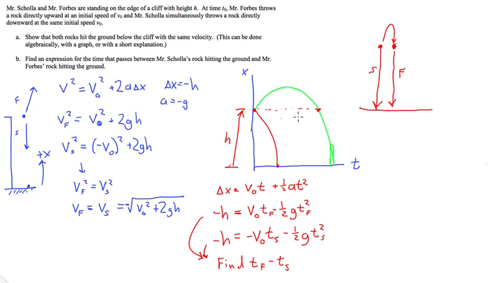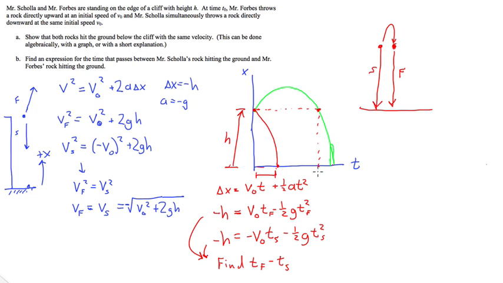The easier way to do it is to see what really matters: the difference between the two is this time here, right? The time it takes Forbes's rock to go up and then come back down is the difference, because the amount of time for Shola's rock to hit the ground initially and the amount of time for Forbes's rock to go from here to here are the same, even though it doesn't look like it.